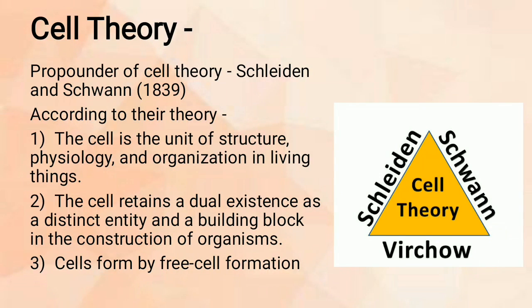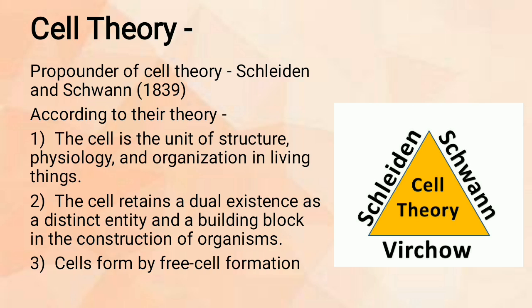Cell theory. The propounders of cell theory are Schleiden and Schwann. German botanist Schleiden found that all plant tissues are made up of cells, which have essentially similar structure. German zoologist Schwann, working independently, observed that animal cells do not have a cell wall but are otherwise similar amongst themselves.